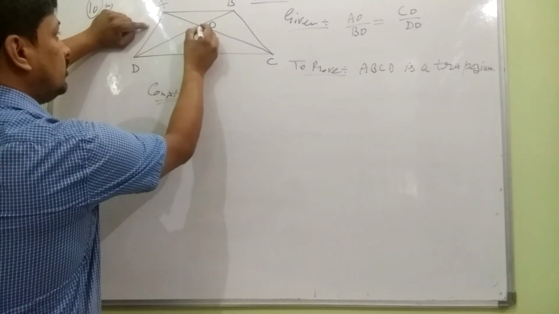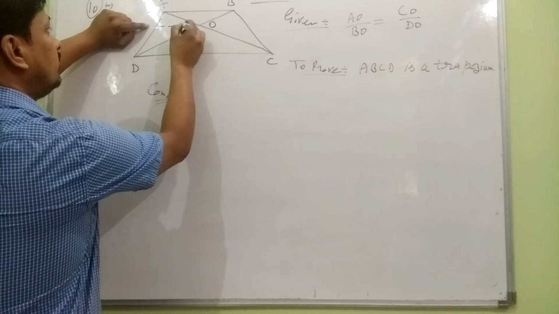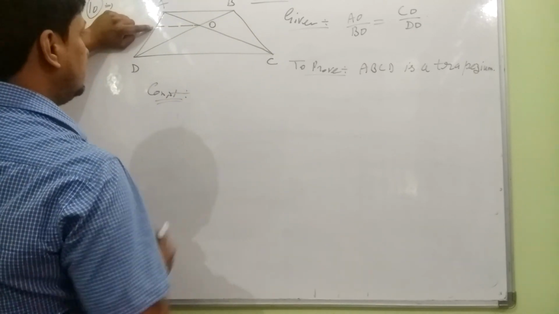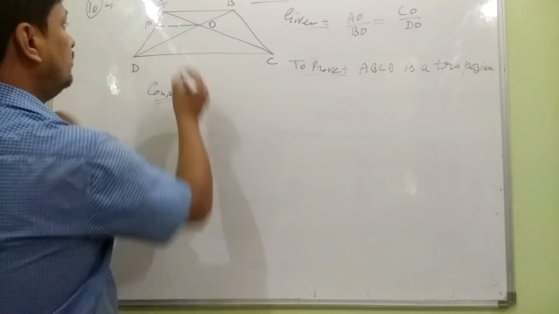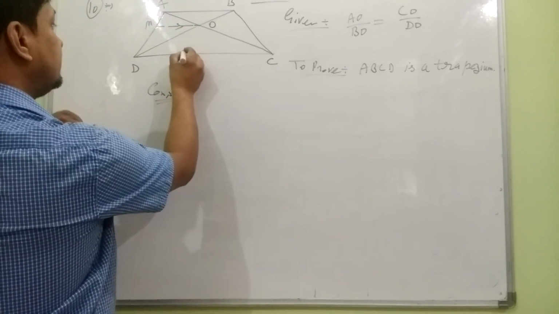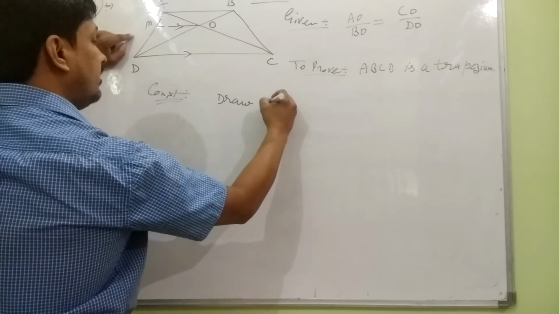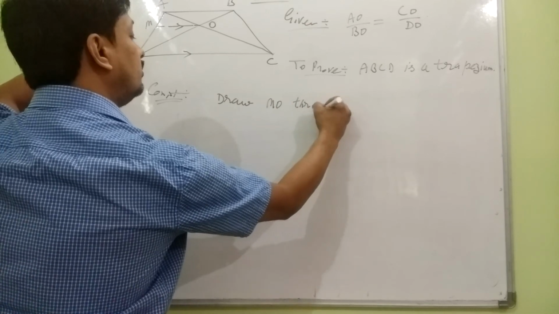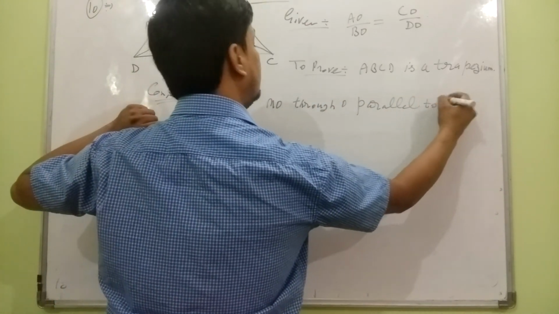So draw a line through O. This time there is no need to draw a big line to intersect all the points. This time I am taking only a small line through O which is parallel to DC. Let us consider MO is parallel to DC, so draw MO through O parallel to DC.